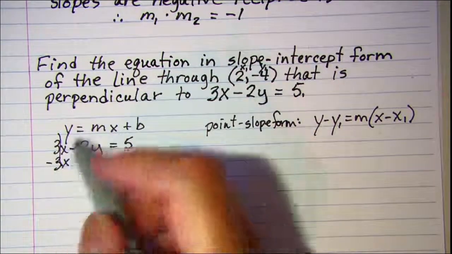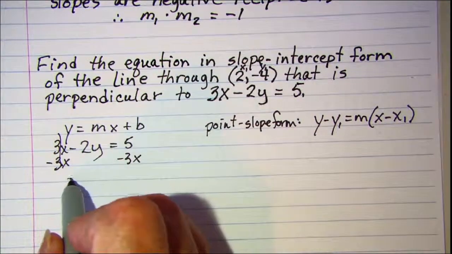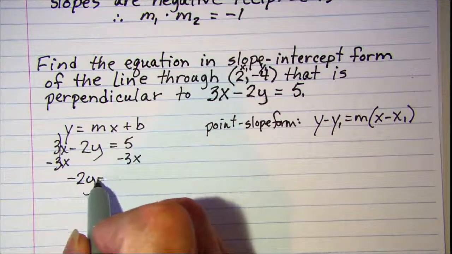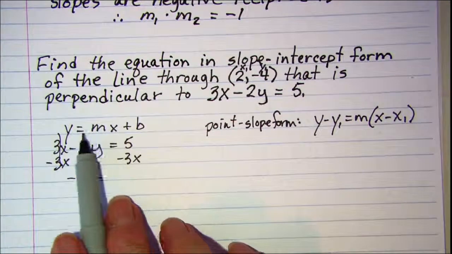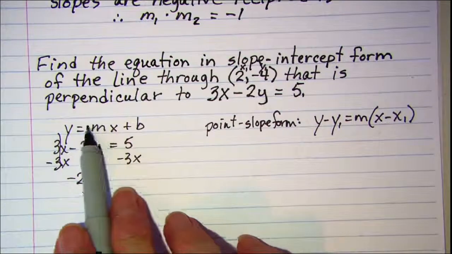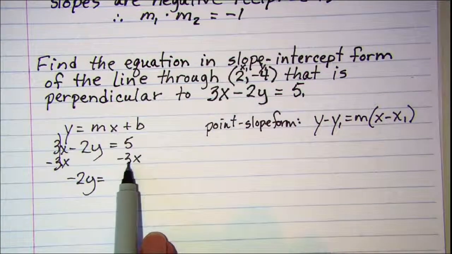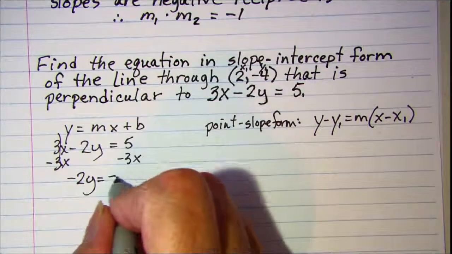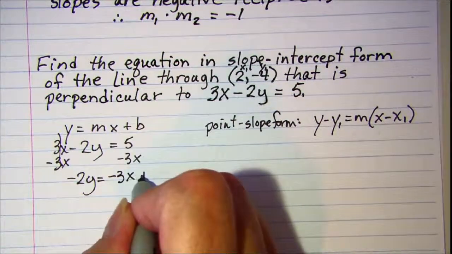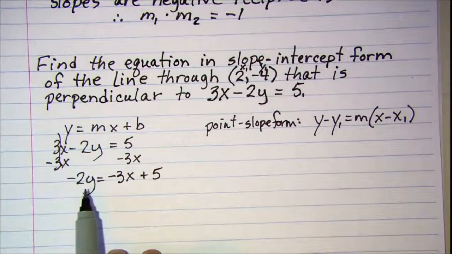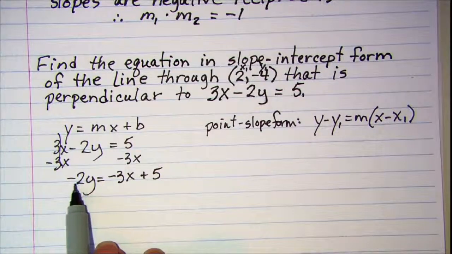These will cancel, and I'm left with -2y equals, and now for y equals mx plus b, I need my x term written first and then my constant. So I'll write -3x plus 5.